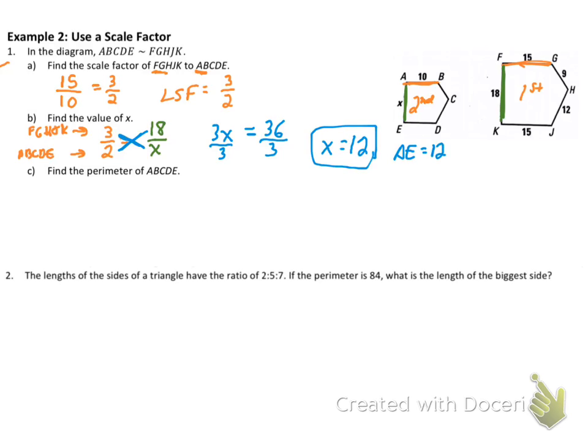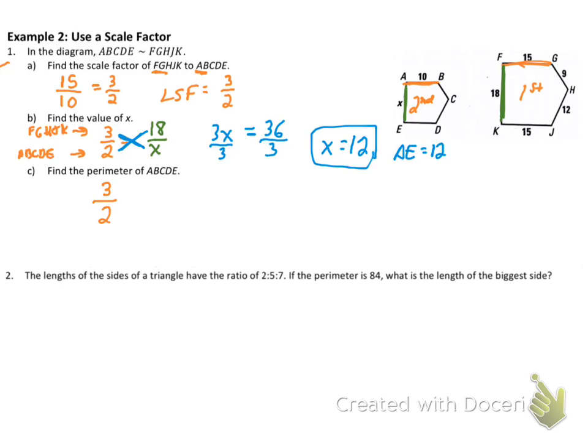Okay? The next question is asking us to find the perimeter of this figure ABCDE. So remember from the last slide that the ratio of the perimeters has to equal that linear scale factor. So I know the linear scale factor is 3/2, with the top belonging to FGHJK, the bottom belonging to ABCDE.